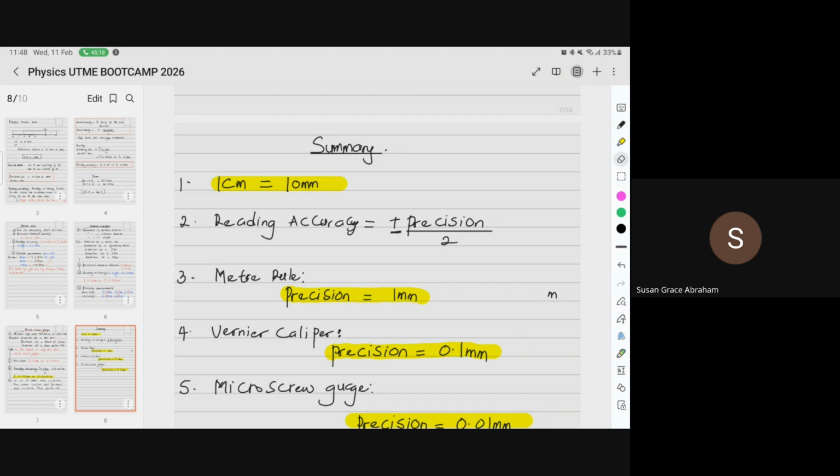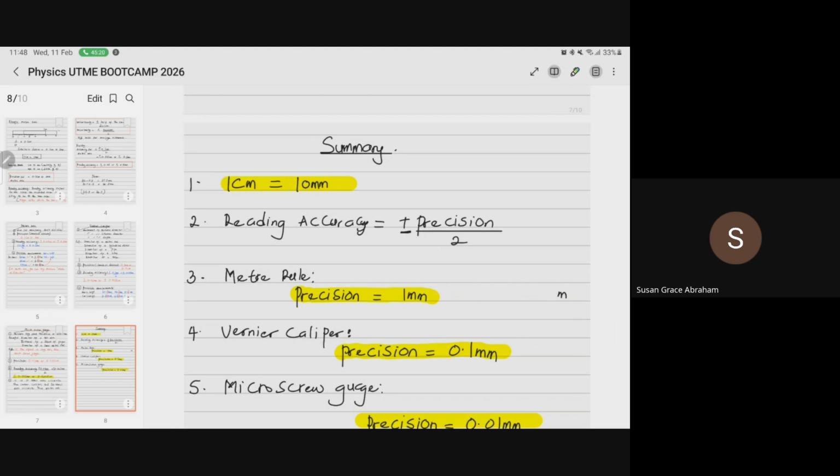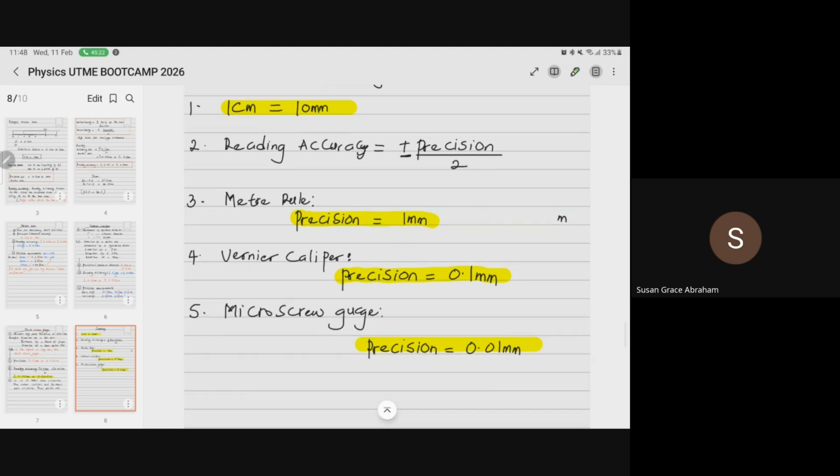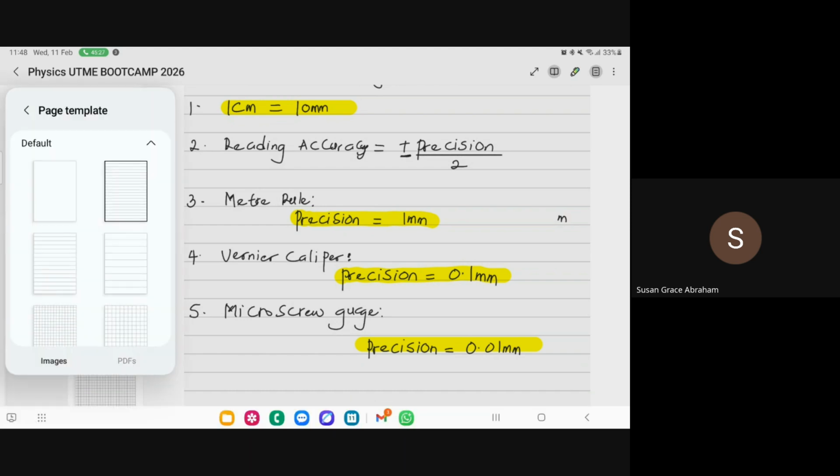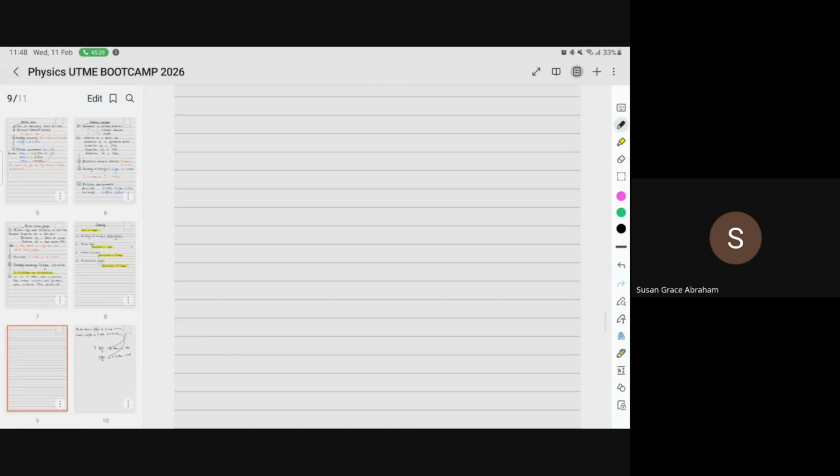So that said, let's go over to reading a vernier caliper. I want to go over to reading vernier caliper. Can I do that? All right, reading a vernier caliper.